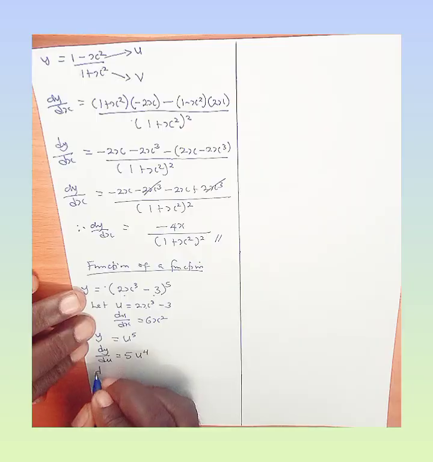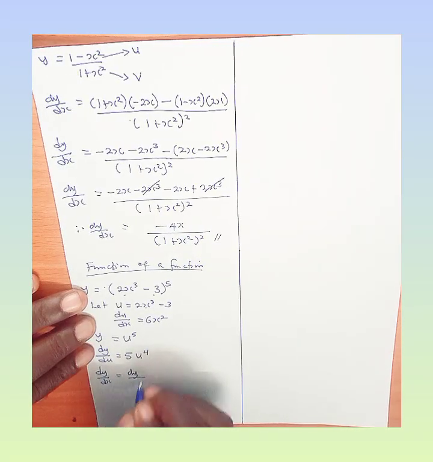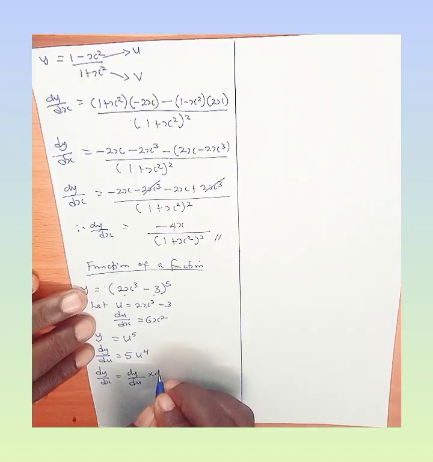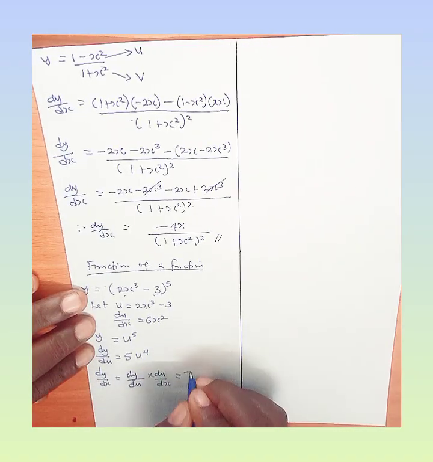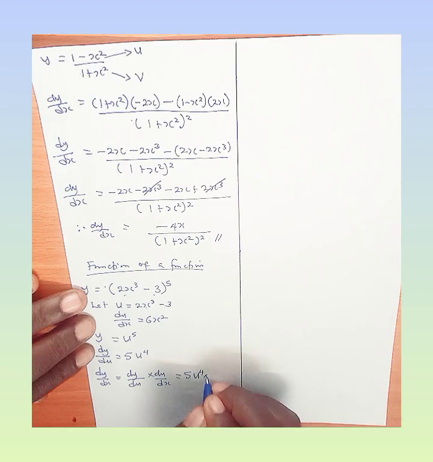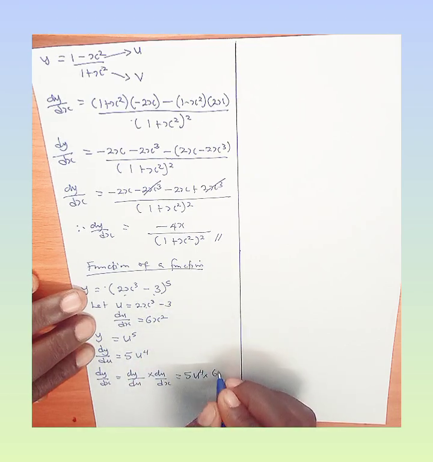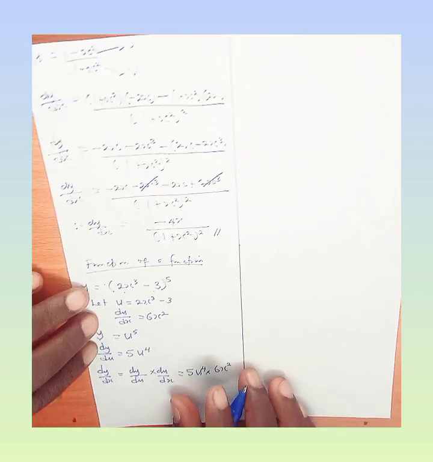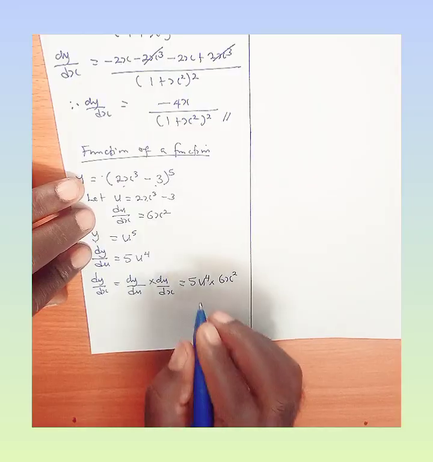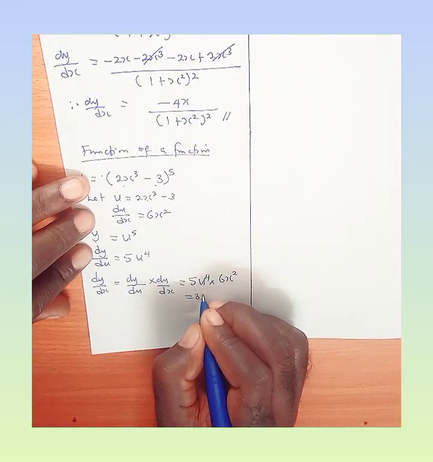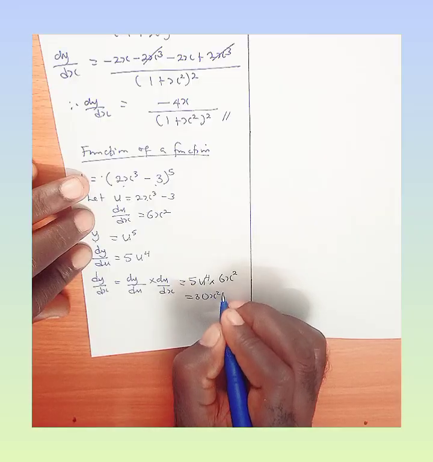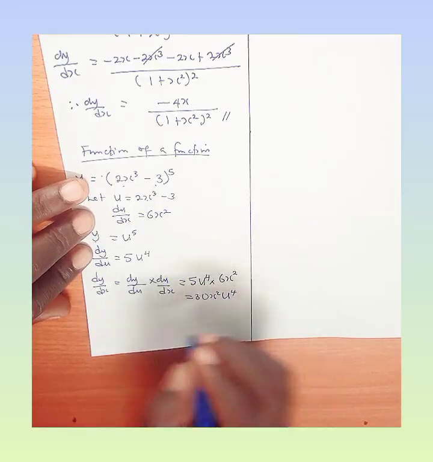Then dy/dx is equal to dy/du times du/dx. When we substitute, dy/du is 5u^4 and du/dx is 6x^2. Simplifying further, 5 times 6x^2 is 30x^2, times u^4.